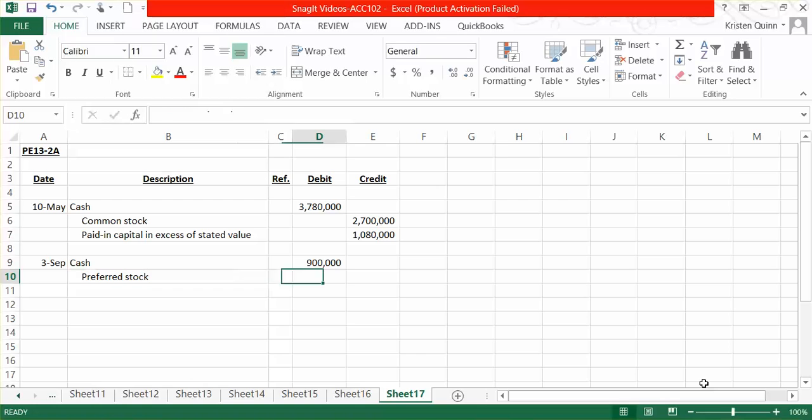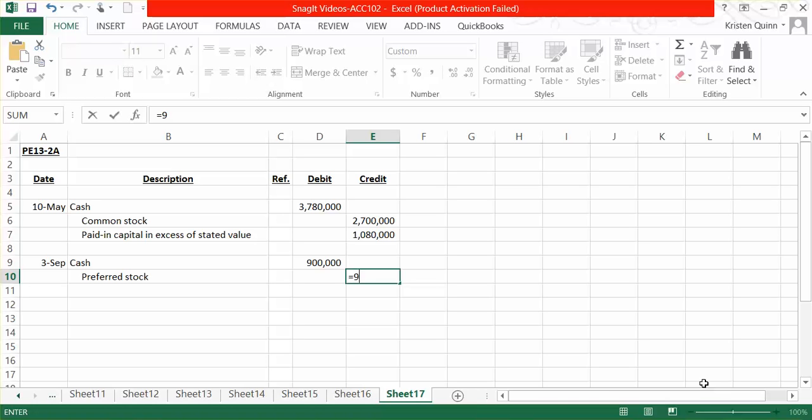Again, your preferred stock and your common stock accounts are both equity accounts and therefore both increase with credits, but can never be credited for more than their par value. Again, we have 36,000 shares. The par value is $25 per share. In this case, we do not have any paid-in capital in excess of par because our selling price did not exceed the par value.